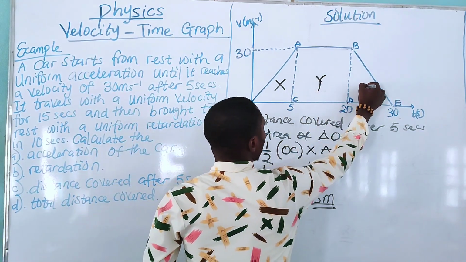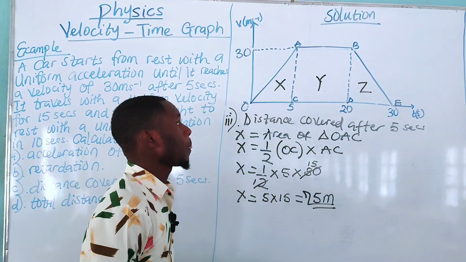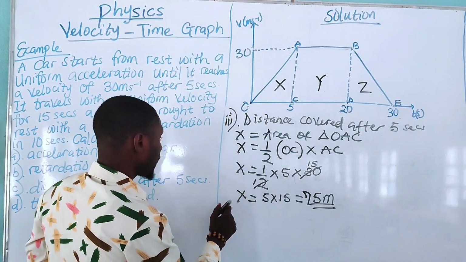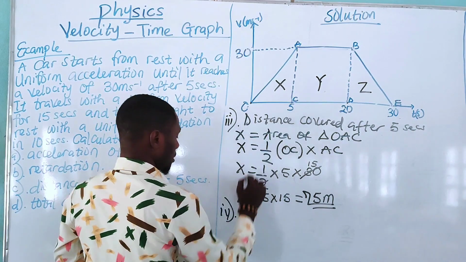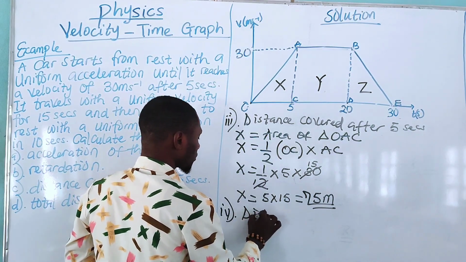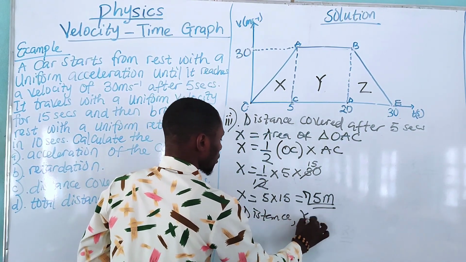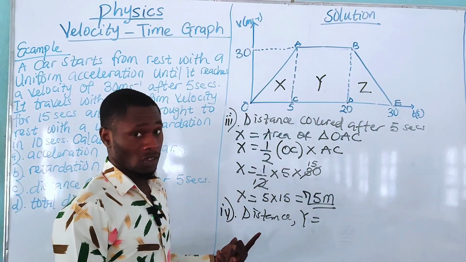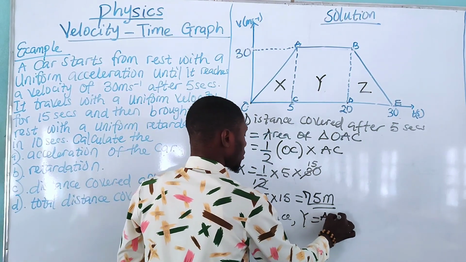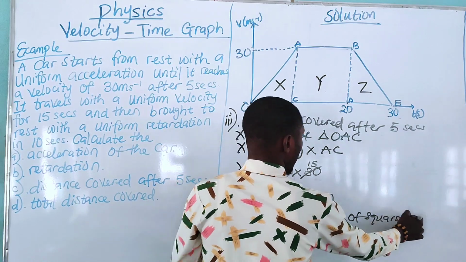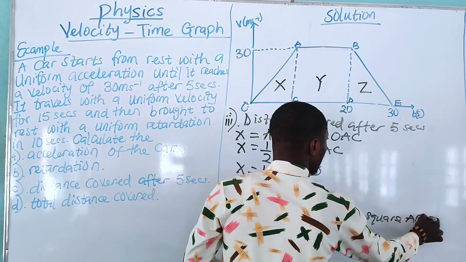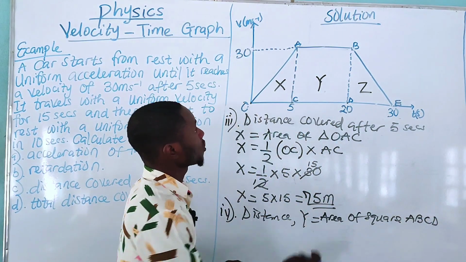Let's call this y, and let's call this Z. So we have distance y, and y is actually a square, so it's going to become the area of square ABCD.